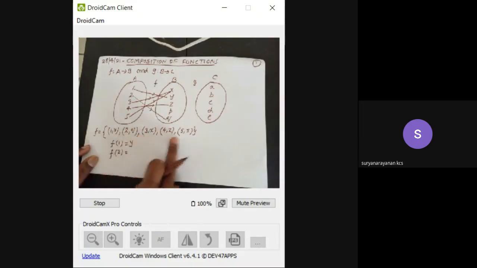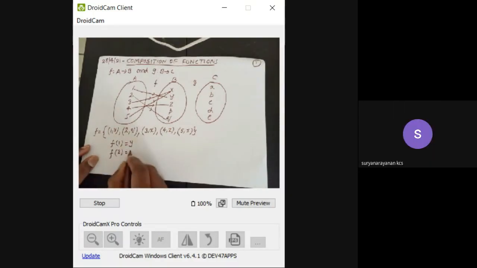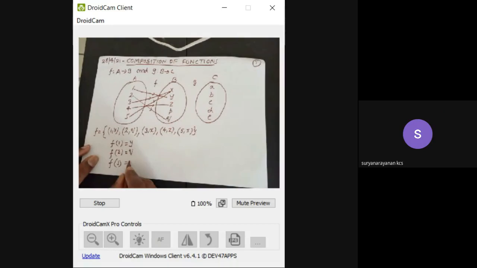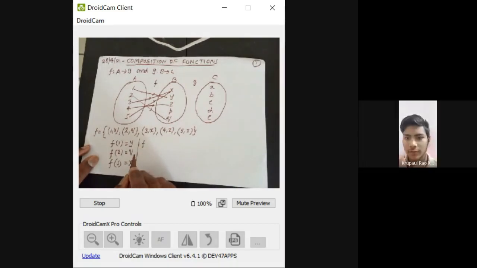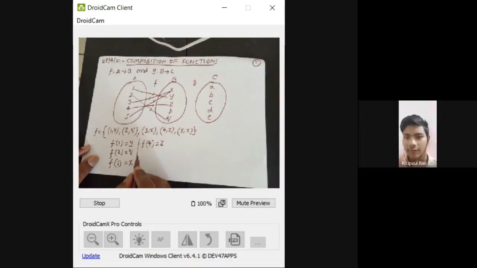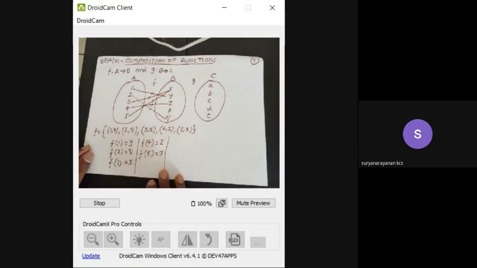Similarly, can you tell me the remaining elements? f of 2 is equal to q. Very good. Next, f of 3 is equal to x. Next, f of 4 is equal to z. Very good. f of 5 is equal to x. Very good, Krupal. Thank you for your response.